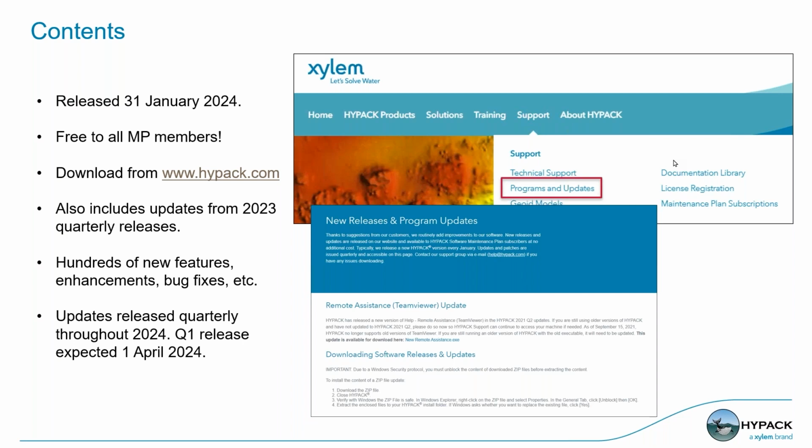You could, or any of the quarterly releases, but all are included in 2024. And when you install the software, just a note is that we're never overwriting the previous version. So you can still retain HYPACK 2023 or before. It's just going to create a HYPACK 2024 folder, and you can basically bounce between projects from any of those versions.